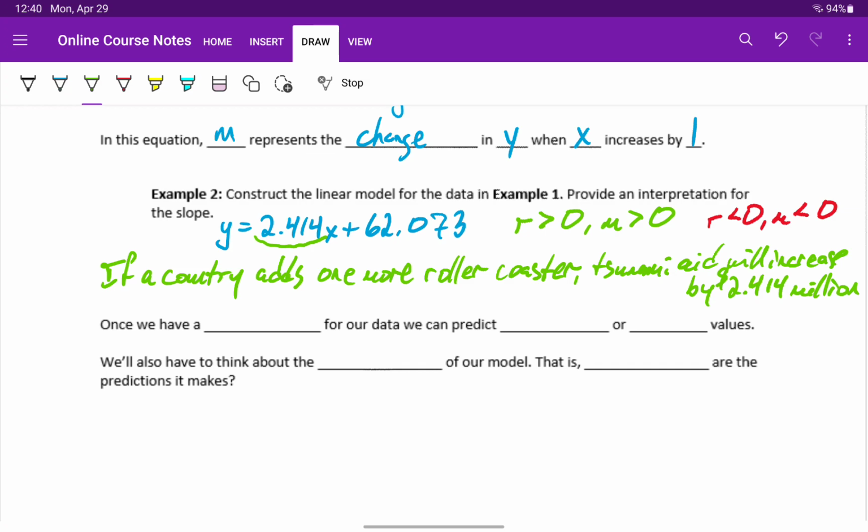Again, the slope tells us what would happen to our y value if our x value is increased by 1.